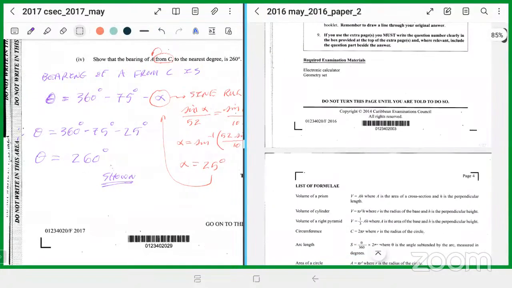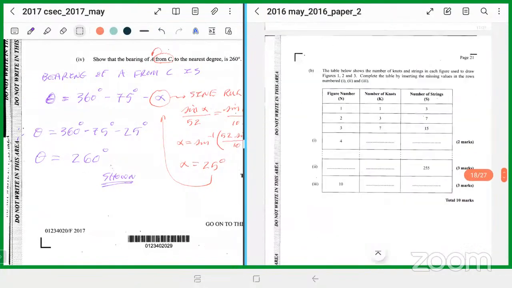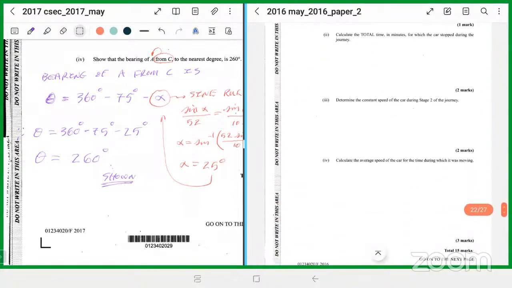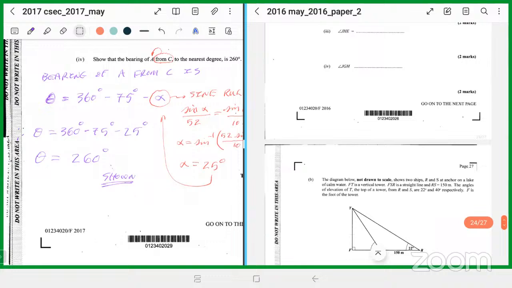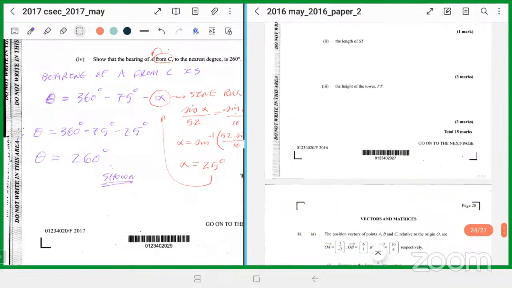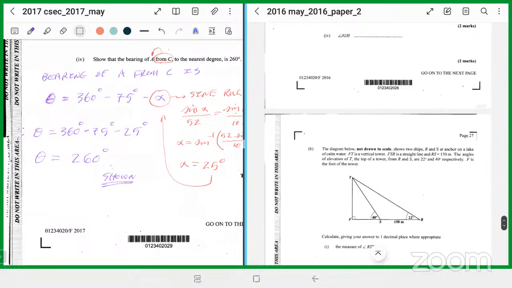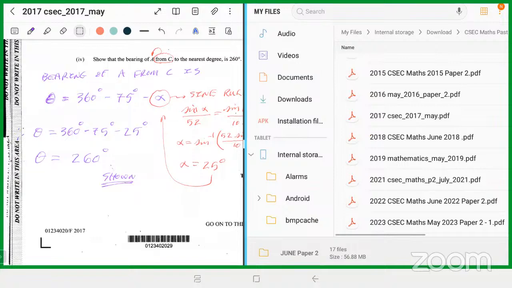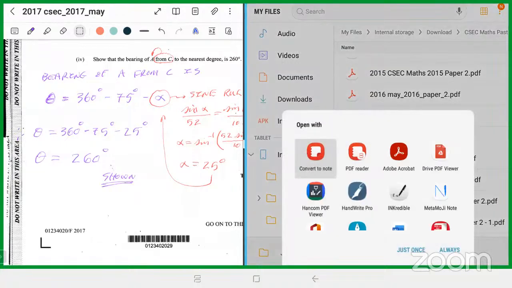I think there was an elevation question in 2016, which is a topic we're going to start with in January. Elevation, yes, there it is. The elevation question, not a bearings question, right? So every so often it might bring something else, but the majority of the time you will get a bearings question. All right, so 2015 was the next paper that we did.